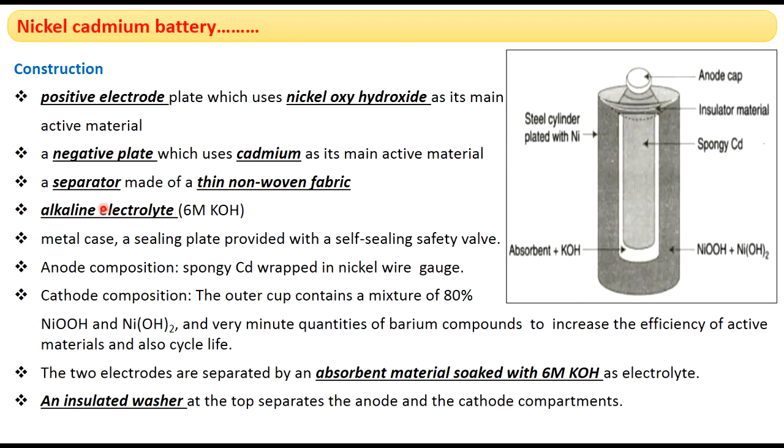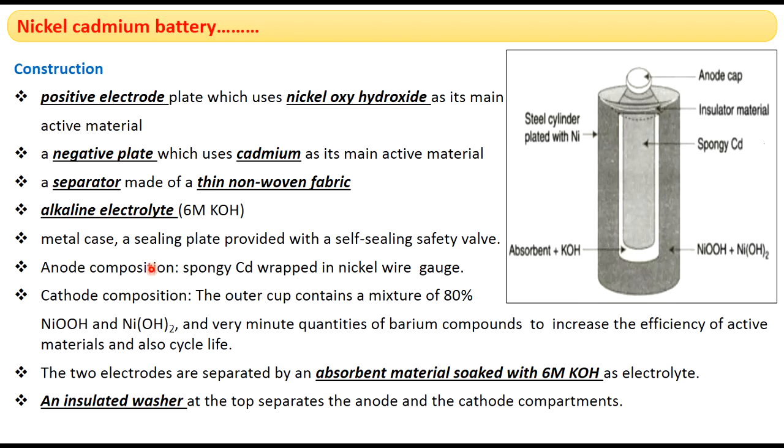And we have alkaline electrolyte, which is the 6 molar potassium hydroxide. Then we have metal case. The entire assembly is inserted into the metal case, which has a sealing plate provided with a self-sealing safety valve.